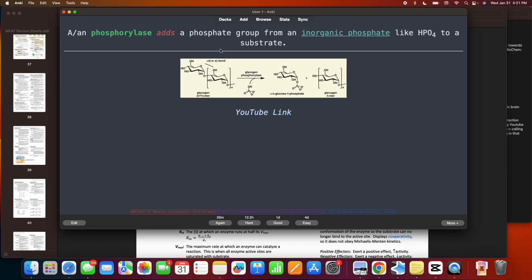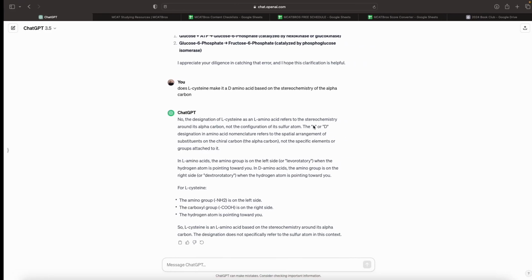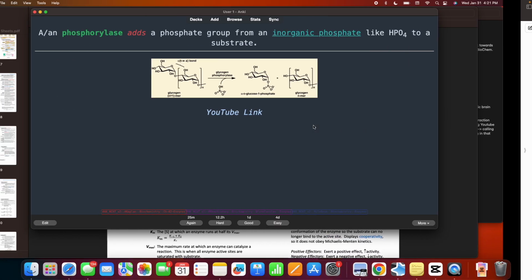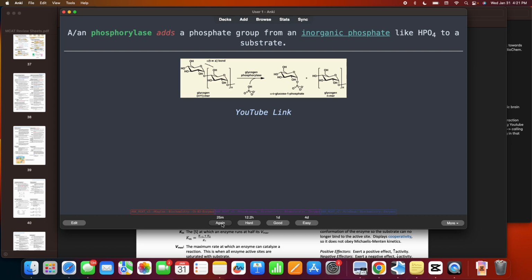No, it's a phosphorylase. So we have phosphatase and phosphorylase. And this can be very tricky since we think that it is cutting down a phosphate group, but phosphorylase is actually adding an inorganic phosphate to the molecule. Okay, phosphorylase.